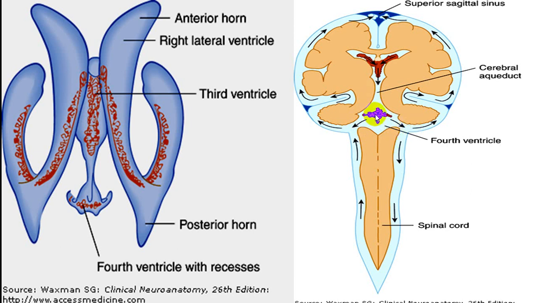It will also pass into the central canal of the spinal cord and the subarachnoid space surrounding the spinal cord as well as surrounding the cerebral hemisphere, and then it will be reabsorbed into the superior sagittal sinus via arachnoid villi.